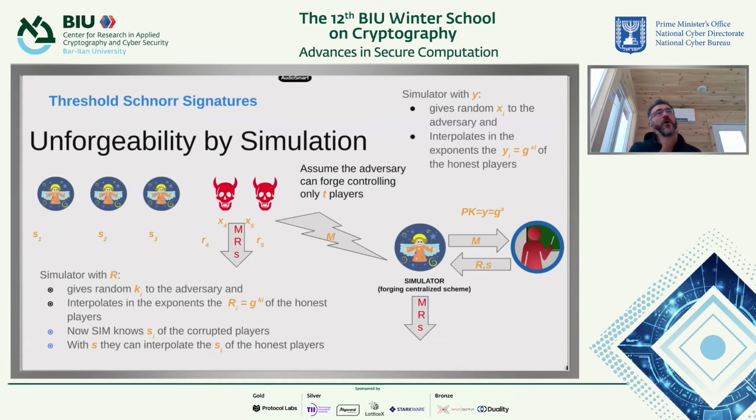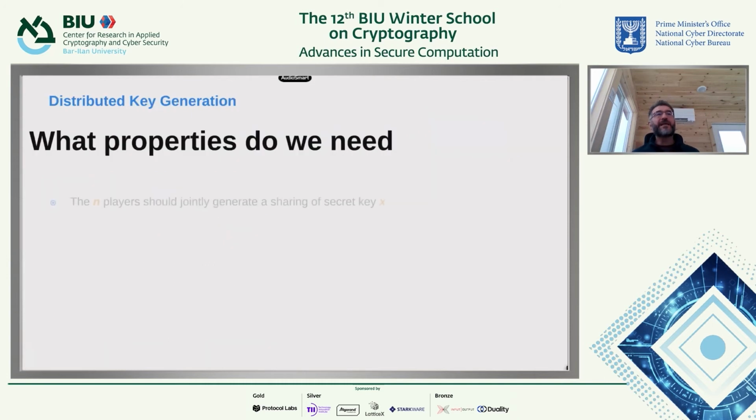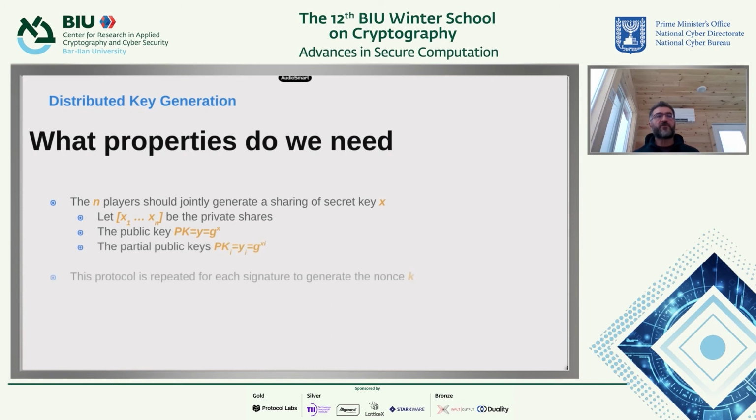So this tells us what we need in terms of properties for the DKG. We need a DKG where the n players jointly generate a sharing of a secret X, and those are their private shares, and that's the public key. So this is what the protocol should do, right? It should generate a random secret X with shares for the players.